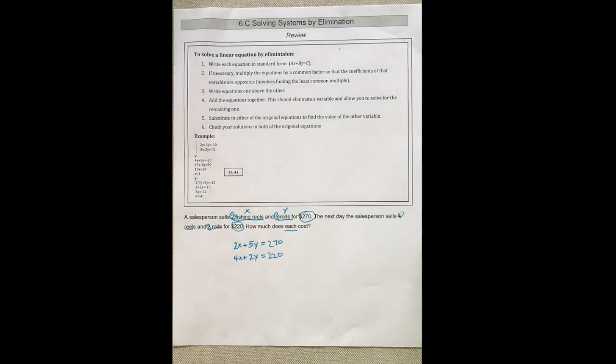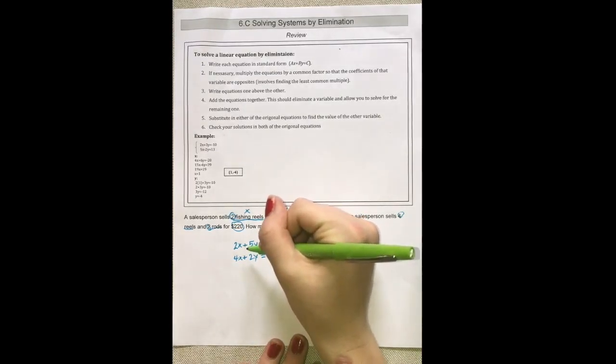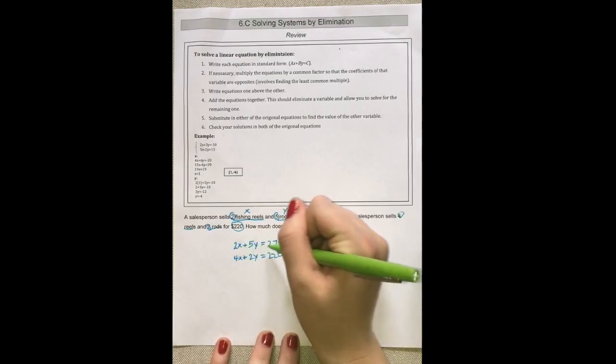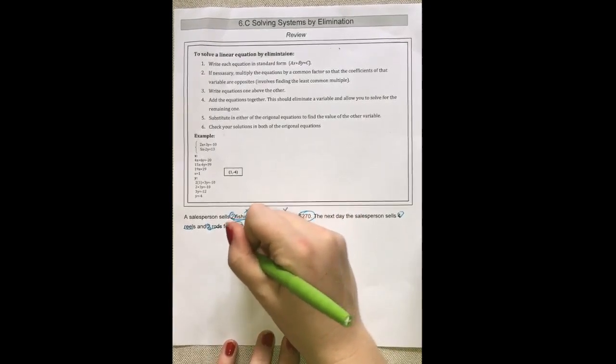From here, we look to see if we have a common factor, which we do, 2 and 4. To make this -4, we multiply the equation by -2.